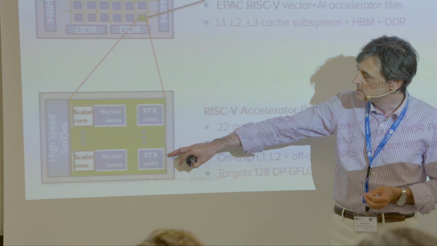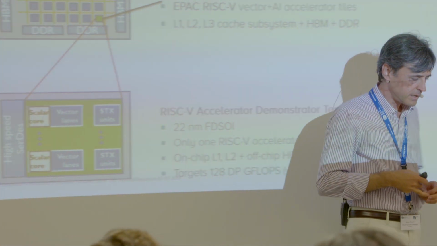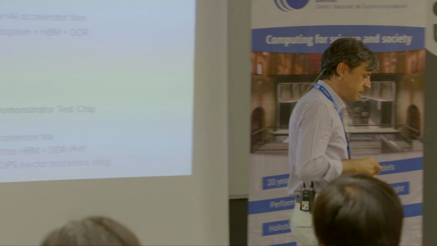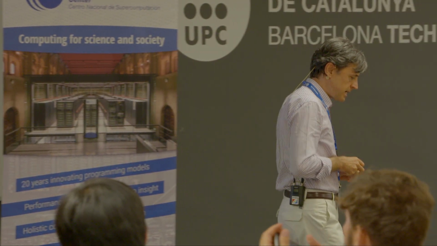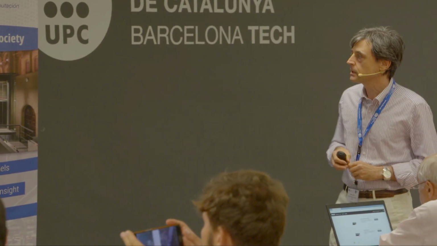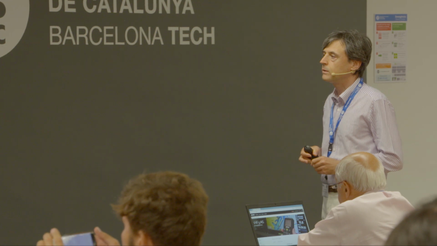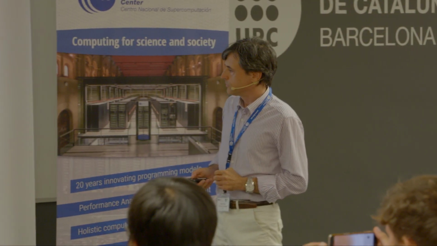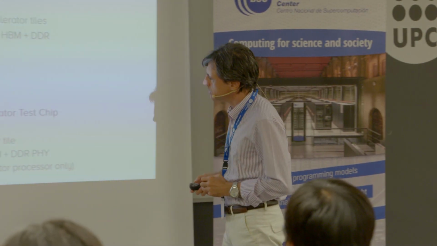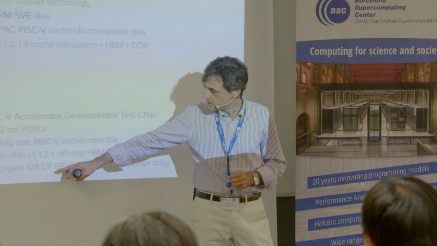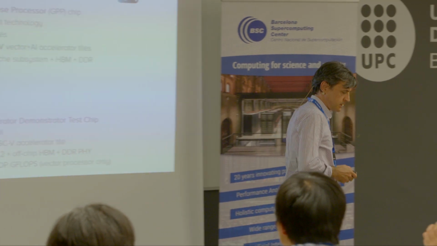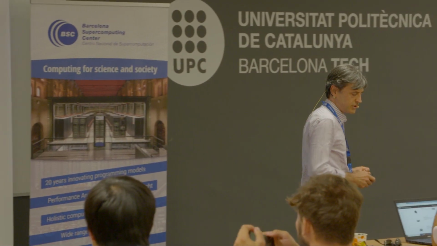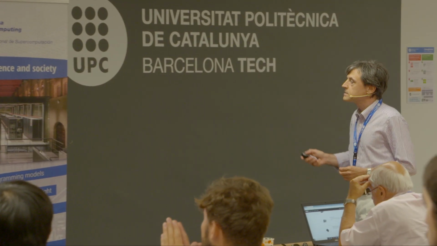And also specialized units that are called the STX. They are more targeting AI applications, basically neural network training. And we are going to detail them in a few seconds. I don't know if this number can be said, but anyway, you see there, so there is no confidentiality anymore.